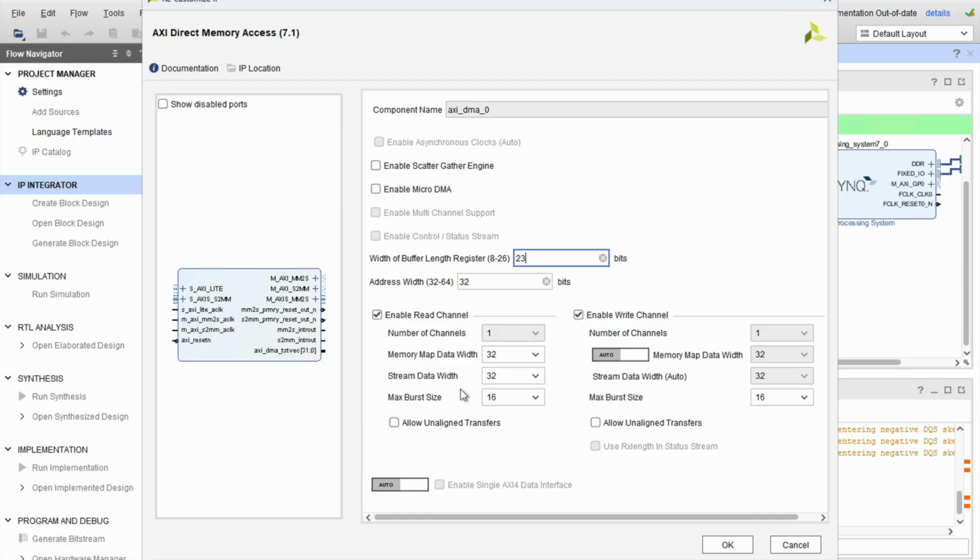My input for P41 is 0101 over 4 clock cycles. So that would mean that I have only one data path, which means 32 in both memory mapped and stream data width. And next the max burst size goes to 256, allowing unaligned transfers, and changing the max burst size to 256 in the case of the write channel.